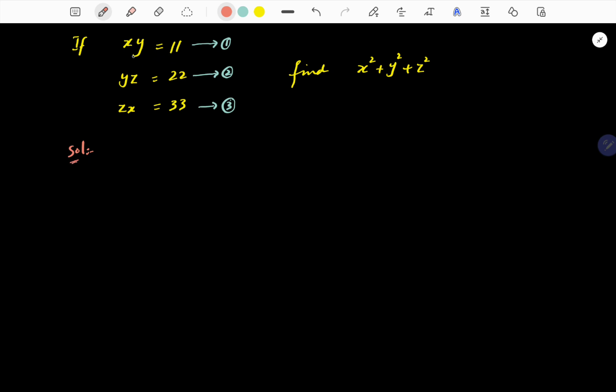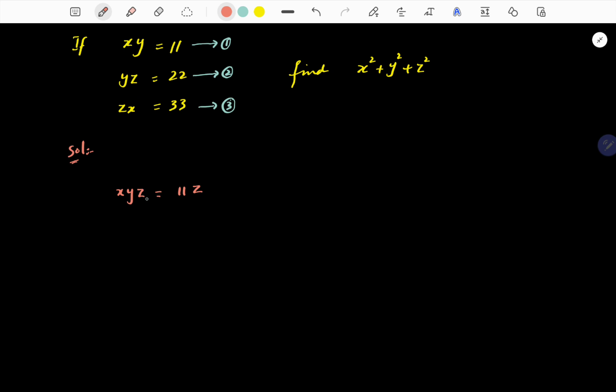If we multiply equation number 1, 2 and 3 with z, x and y respectively, from equation number 1 we get xyz is equal to 11z.